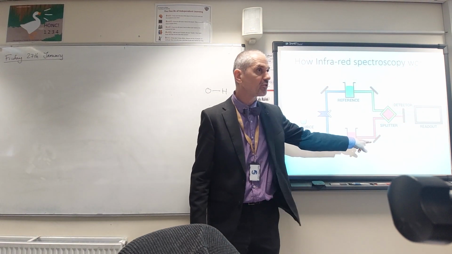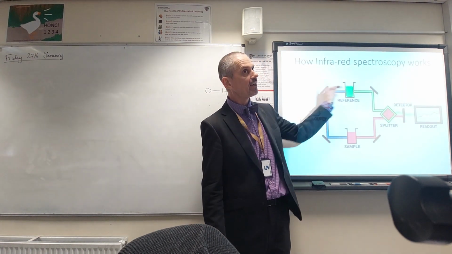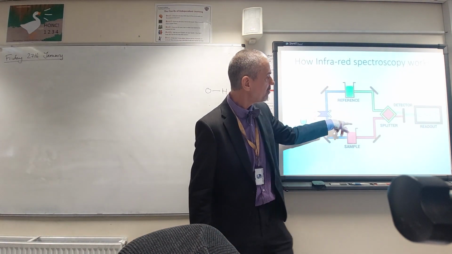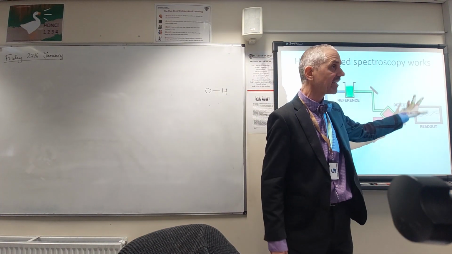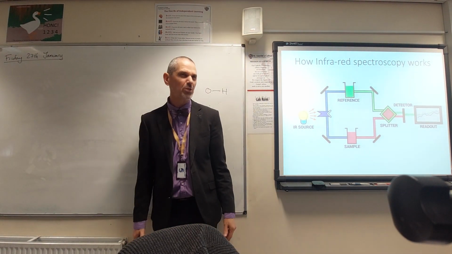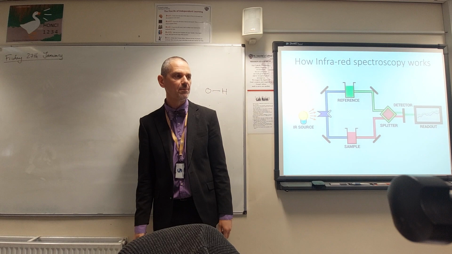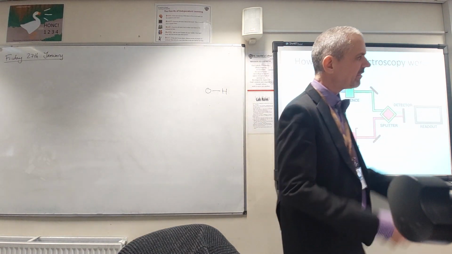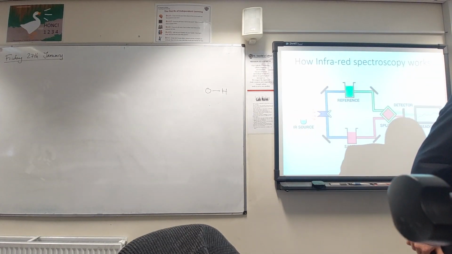We send part of it through your sample, and the other half goes through a reference. The reference and the sample then get analysed by the detector, and you get a readout which shows which parts of the light are being absorbed. That's a very simple overview.